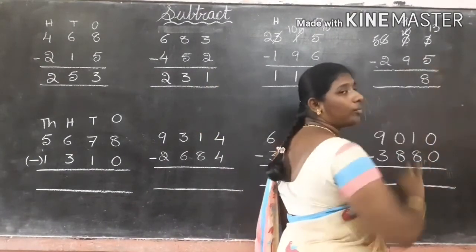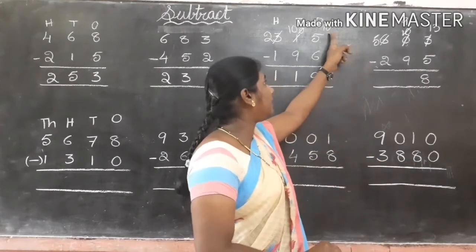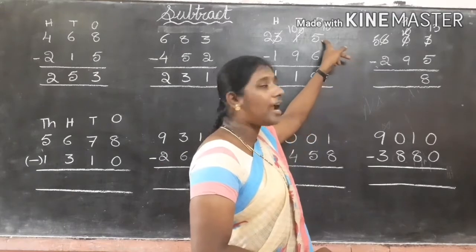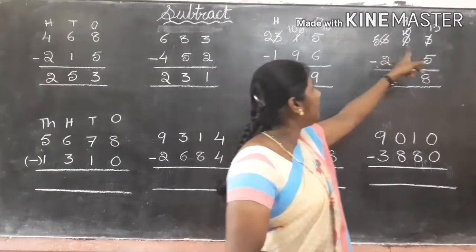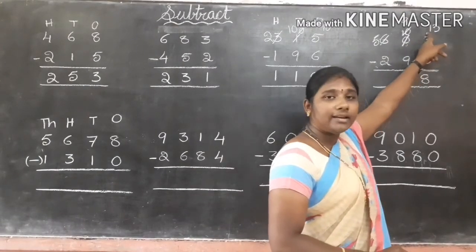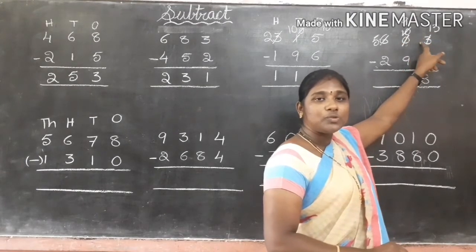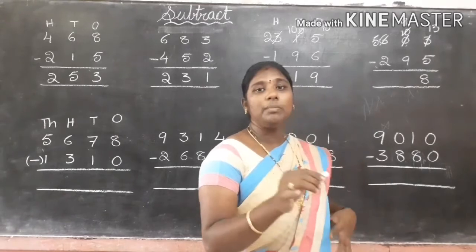This is one more model, ma'am. Doing this number subtraction, after getting that number we have to add 5. Here directly 10 plus 3, 13. We are taking borrow from tens place to ones place. When we take borrow, it will become 10.